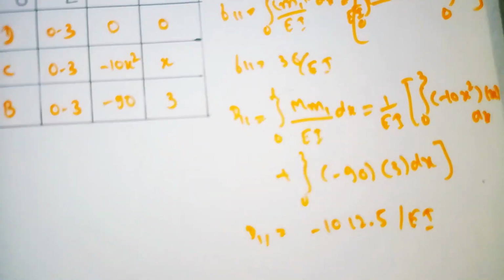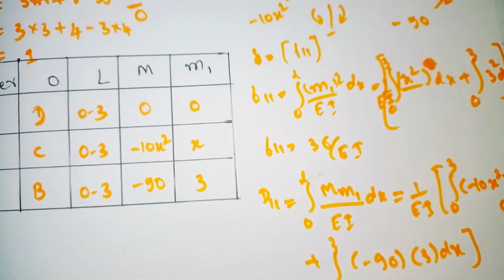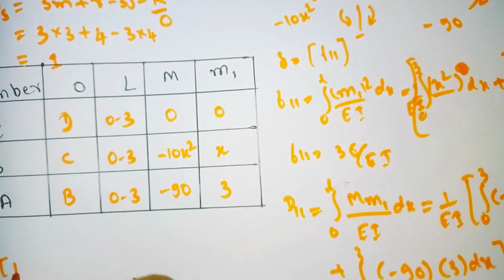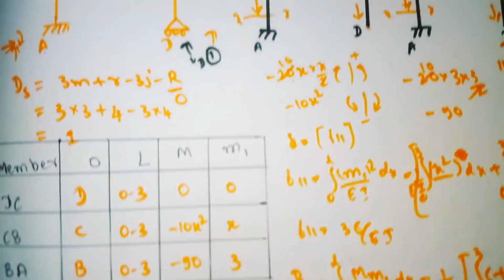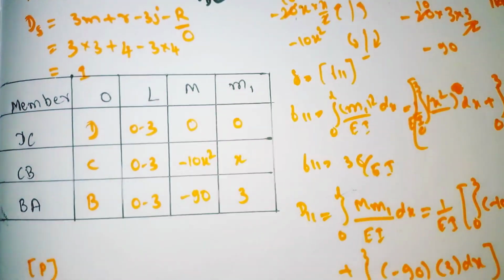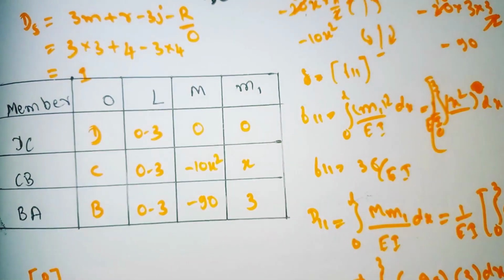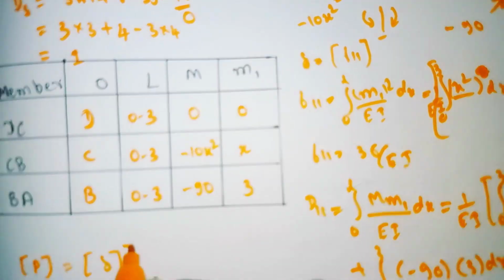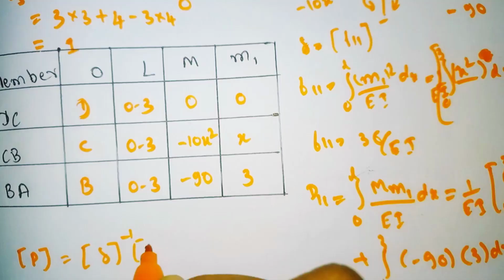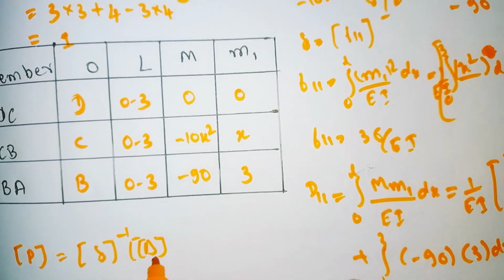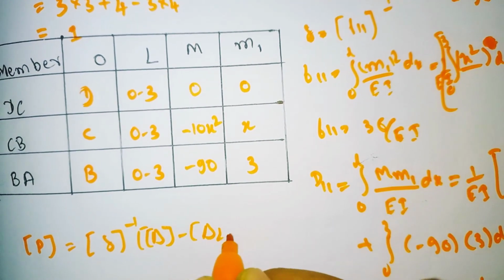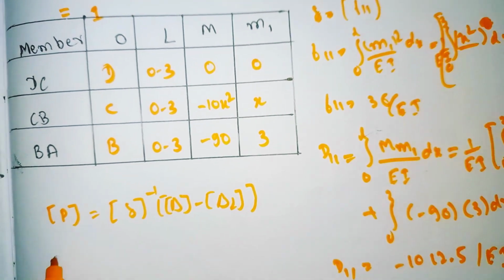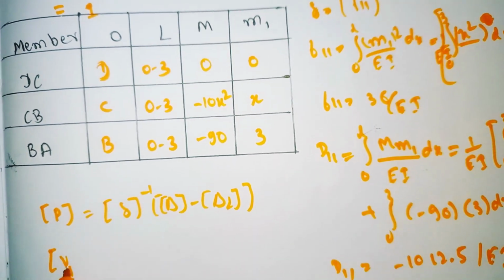So now we'll calculate by using this redundant value. By using the compatibility equation, P matrix is nothing but the redundant we have taken, that is the flexibility matrix inverse into minus of the displacement matrix. So now our P is nothing but the VD we have taken.